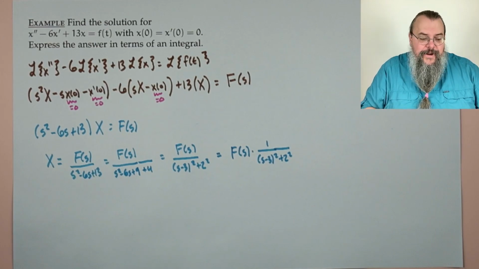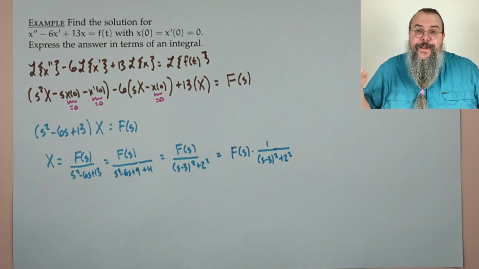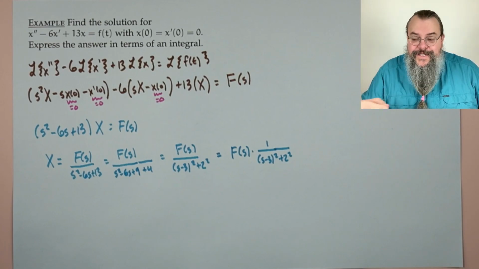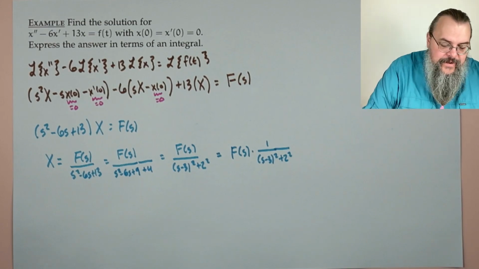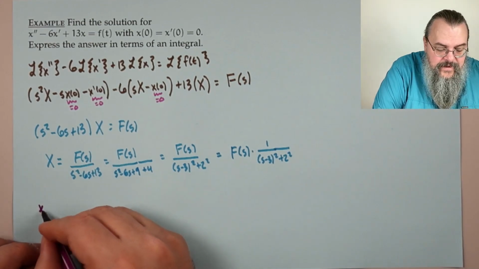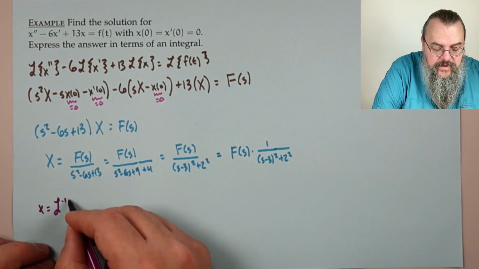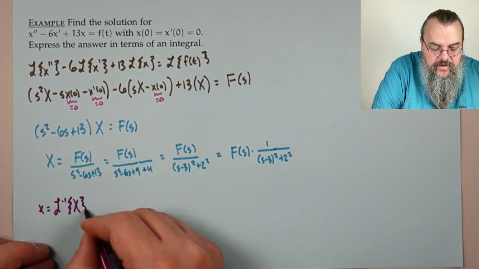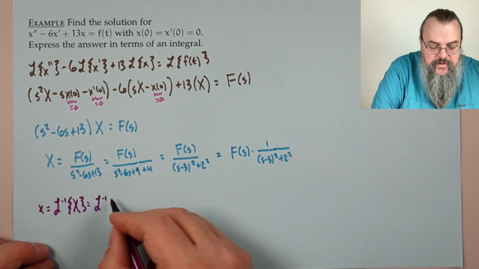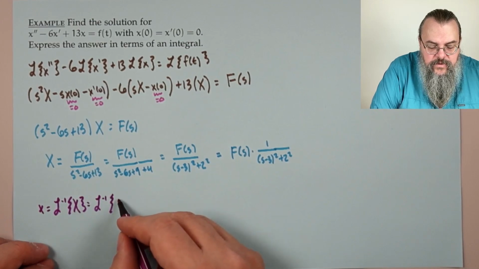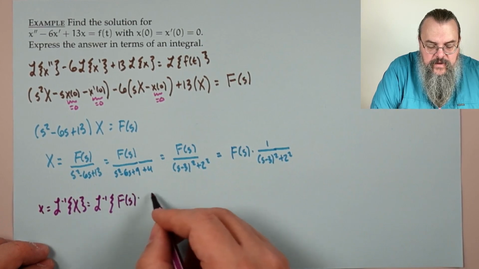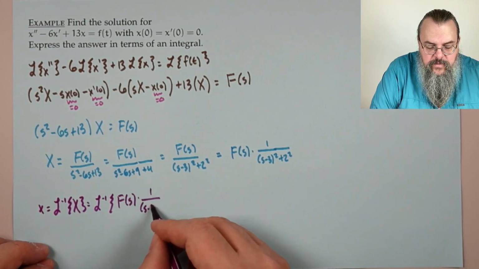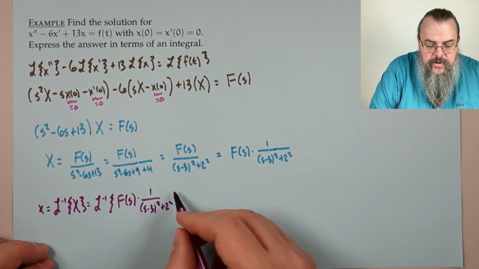Now, you might say, well, how does that help? Well, multiplication can become convolution. So, here we go. We can say that little x, which is the inverse Laplace of capital X, which is the inverse Laplace of these two pieces. So that's F of s times 1 over s minus 3 squared plus 2 squared.